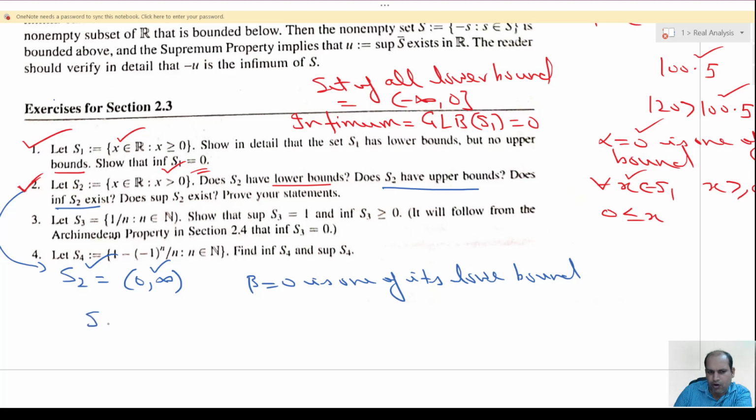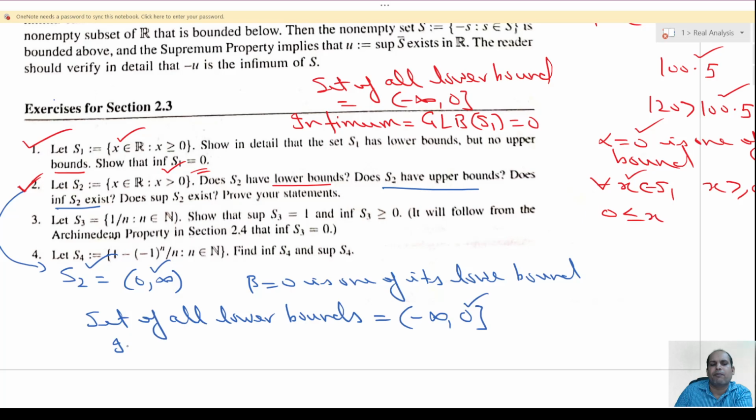We will write the set of all lower bounds, that will be minus infinity to 0, closed at 0, and from the set of all lower bounds, the infimum or the greatest lower bound GLB of this set S2 will be equal to 0. So 0 is its infimum, and we can see that the infimum here is not a member of the set.